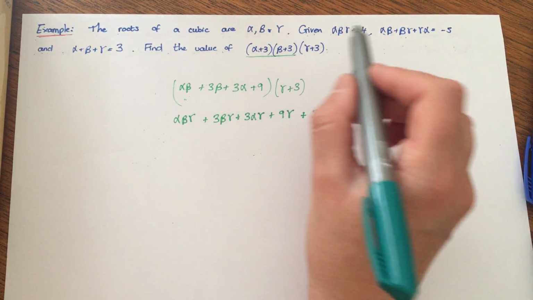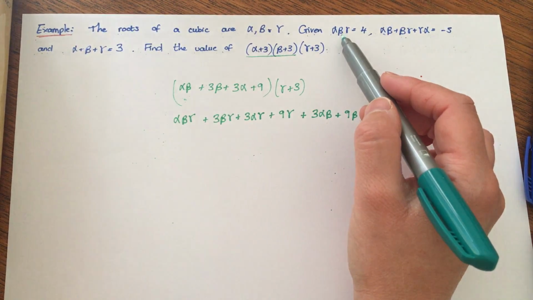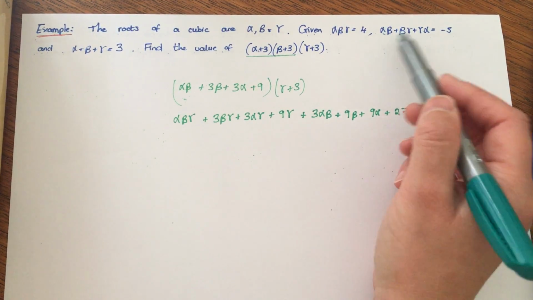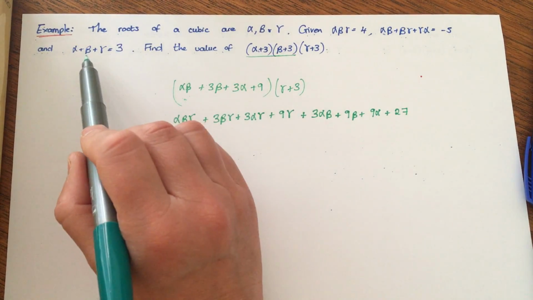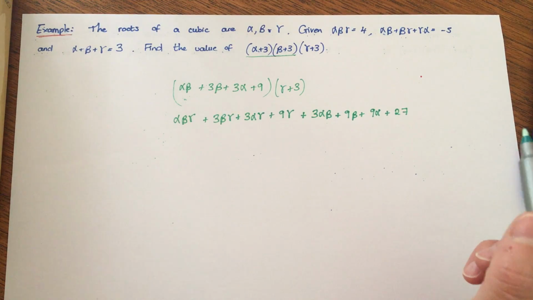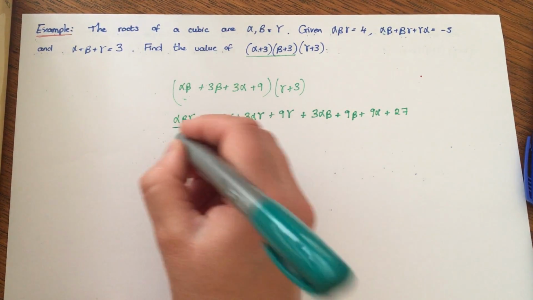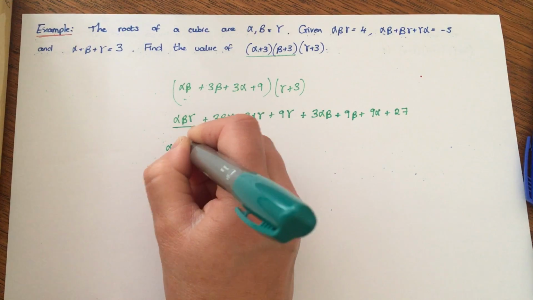And we want to break this up into things that we know. So we know the product alpha beta gamma. We know the sum of the products of two terms, and we know the sum of the terms. So alpha beta gamma is already as it is. So I'm going to leave that there. That's dealt with.